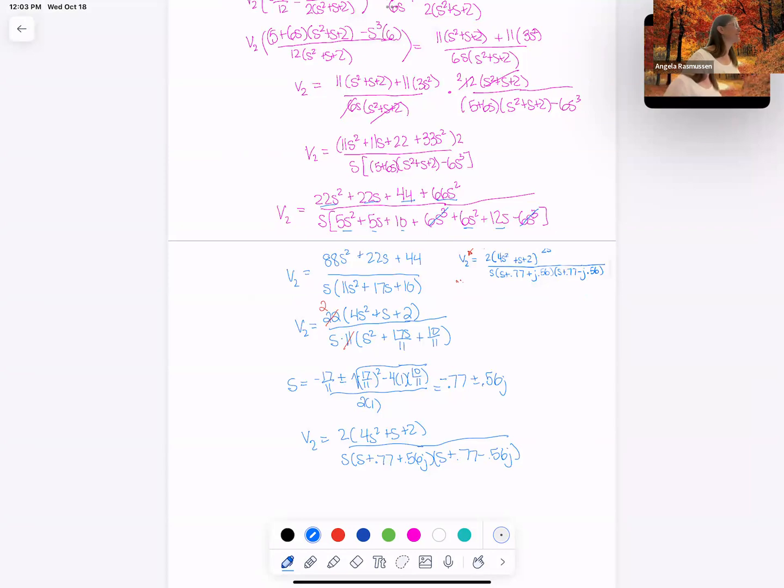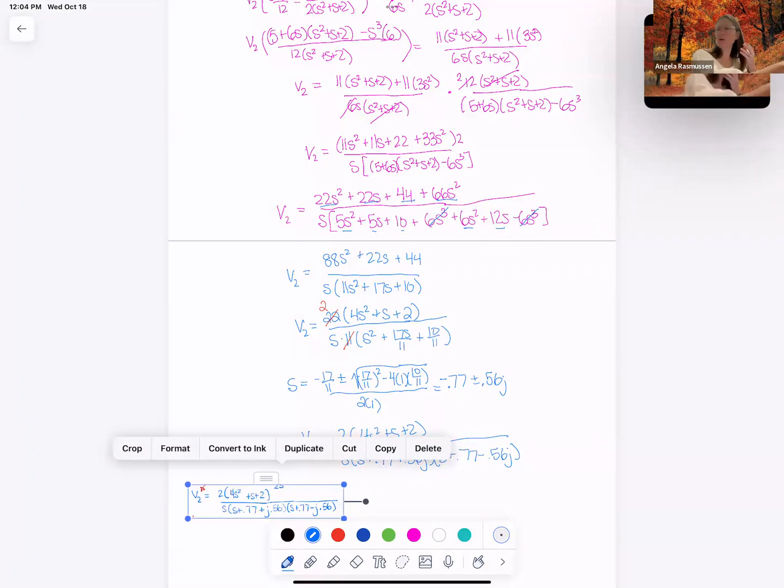Fun algebra. Calculator, make sure that is right.